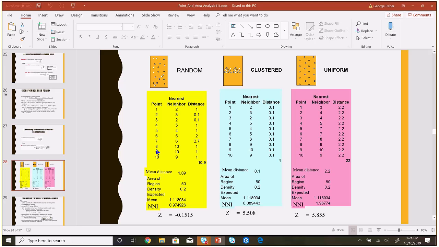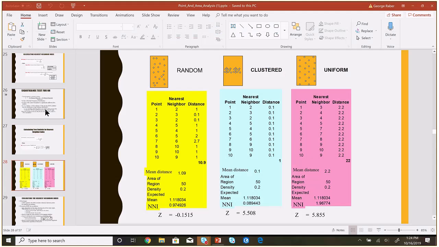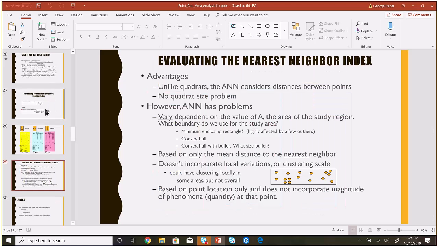All right, so those are some examples of running the average nearest neighbor. Now, just to be clear, this analysis is not average nearest neighbor. We ran that last week. Here are some advantages and disadvantages of the average nearest neighbor index.